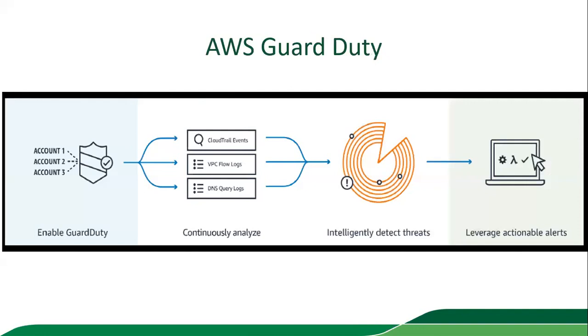Now you can make use of GuardDuty for intelligent threat analysis. How? The first thing is you should enable GuardDuty, right? Once you enable GuardDuty, it will aggregate all the logs from CloudTrail, from VPC flow logs, and all the DNS query logs from Route 53 or VPC resolvers.